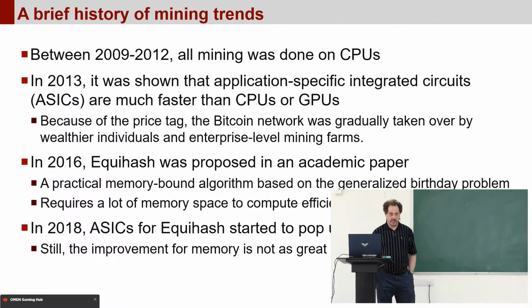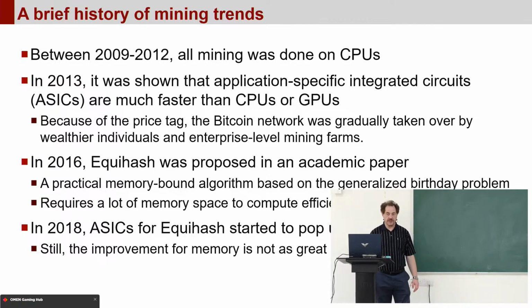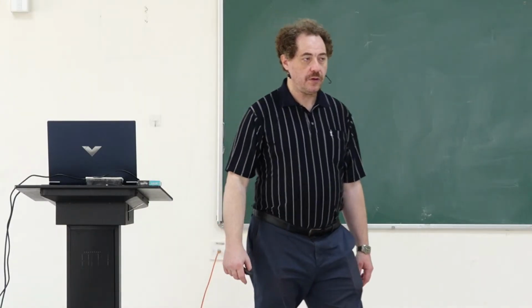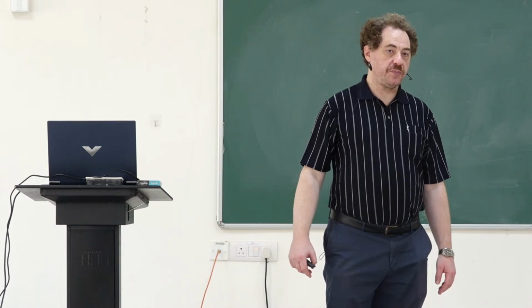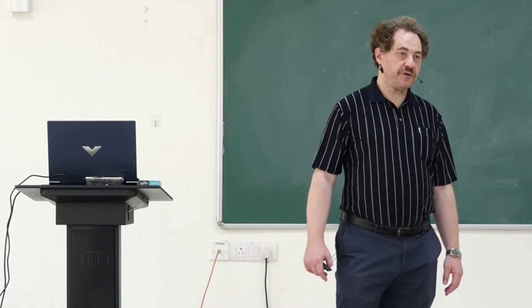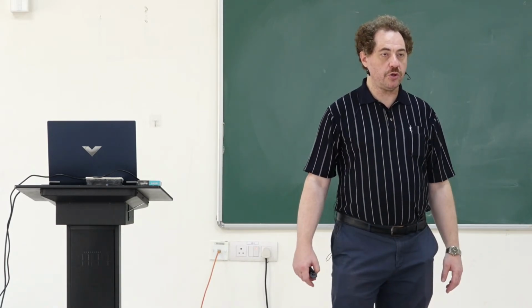Between 2009, when Bitcoin came out, and 2012, all mining was done on CPUs, essentially. Because Bitcoin was not so popular at the time, and the basic idea was to use CPUs in the beginning. And since there was not sufficient interest, people were not coming up with ideas how to do it more efficiently.